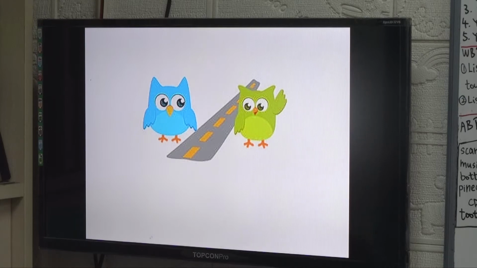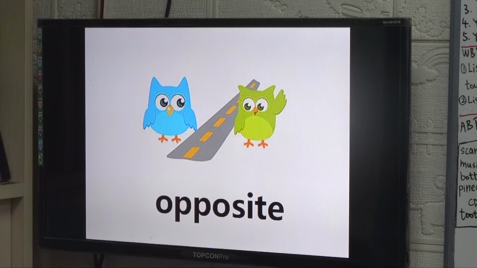They are opposite each other, right? So the blue owl is opposite the green owl. The green owl is opposite the blue owl, right? So let's spell opposite. OPPOSITE. Opposite.